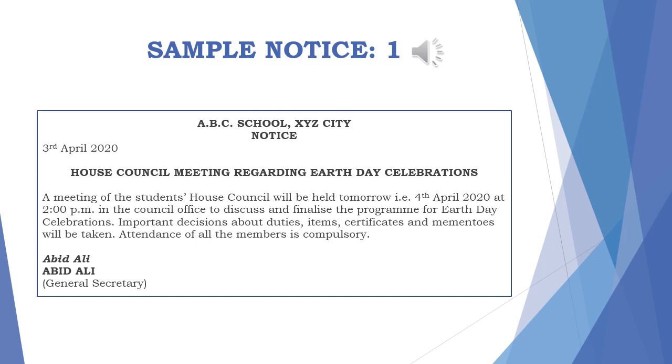After that comes the word notice, the title. Both of these things are written in block letters. After that, in the next line, extreme left hand side, inside the box, we write the date. Date is written in its expanded form. After writing date, we leave a line.